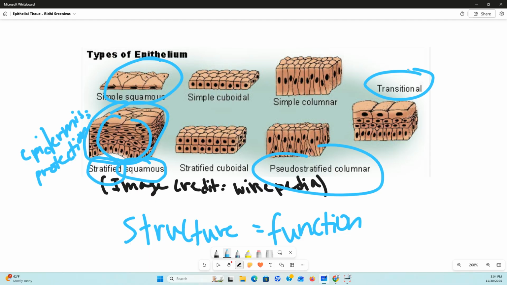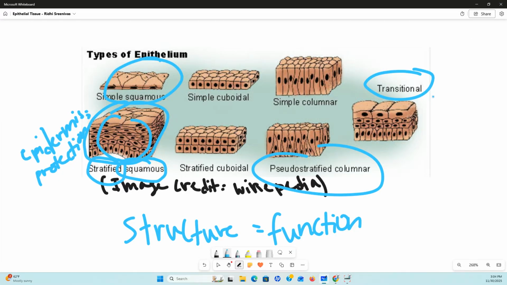Transitional epithelium is when the cells change between squamous and cuboidal cells. This type of tissue is found in the urinary bladder, renal pelvis, and ureters, perfect for allowing these structures to hold those liquids without the tissue getting damaged.